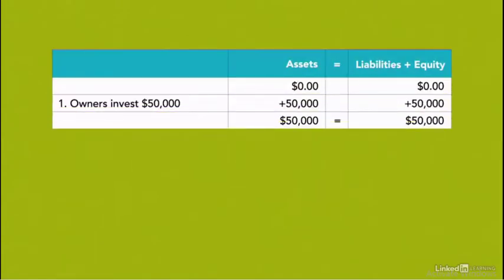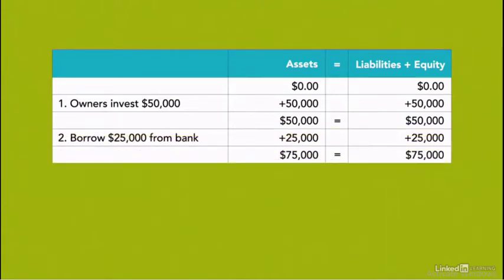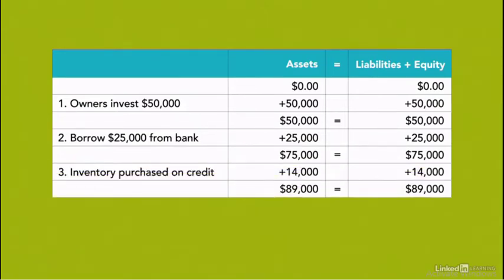After transaction 1, assets equal $50,000 and owner's equity equals $50,000. After transaction number 2, assets now equal $75,000, with liabilities equaling $25,000 and owner's equity equaling $50,000. After transaction 3, where we bought inventory on account, assets equal $89,000, liabilities equal $39,000, and owner's equity still equals $50,000.